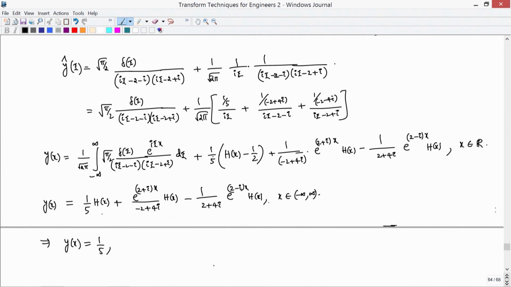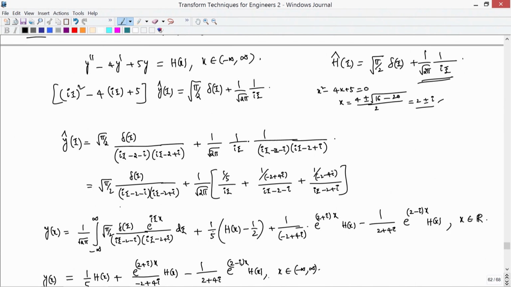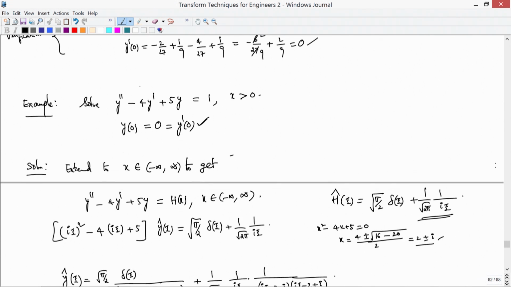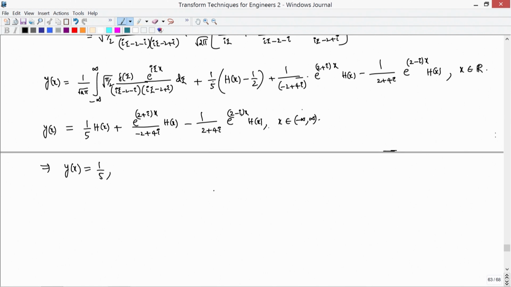So, because you have zero initial conditions with a homogeneous equation, you have y(x) identically 0 in the negative side. On the positive side, 1 by 5 plus e power 2x, which is anyway common, and you may have to see this one, e power i x divided by minus 2 plus 4i, then minus e power minus i x divided by 2 plus 4i.